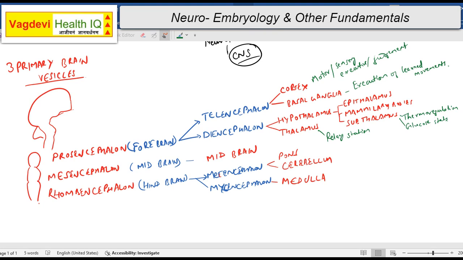There is something called the satiety center. I don't have that space, but when we come to these parts in anatomy, when we learn the symptoms of this part, we'll see it in detail. Does anyone know what the satiety center is?